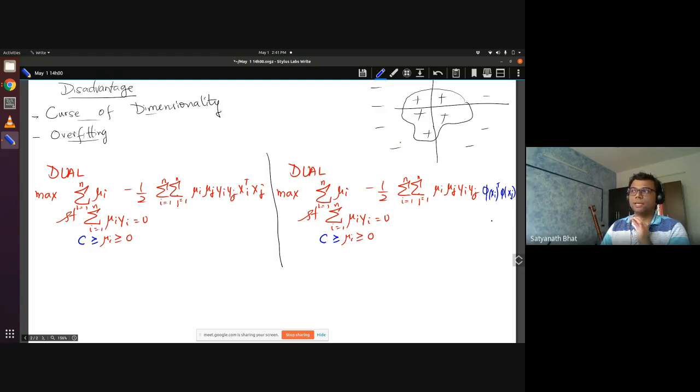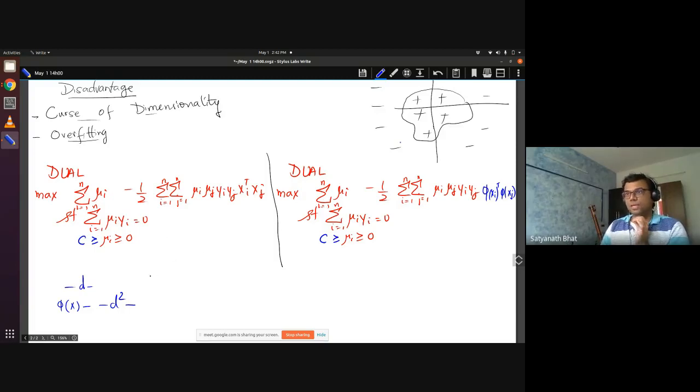So this will take some time to compute, right? If the input data has d dimensions and phi of x becomes d square, I will have some more computation to do. I have to compute d square terms and take the multiplication. In that sense, it is a little more expensive. But other than that, the optimization problem itself doesn't have too many variable changes.